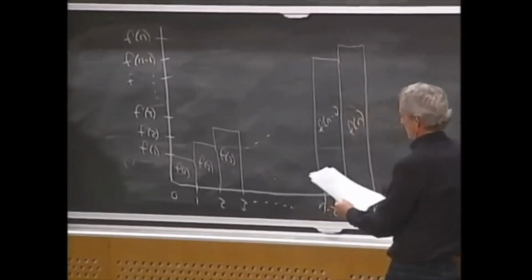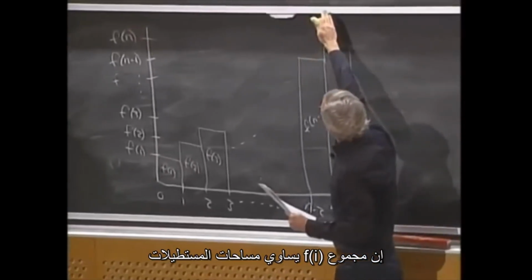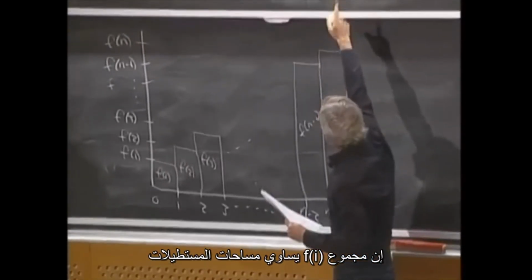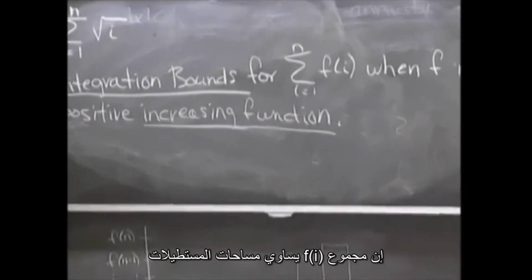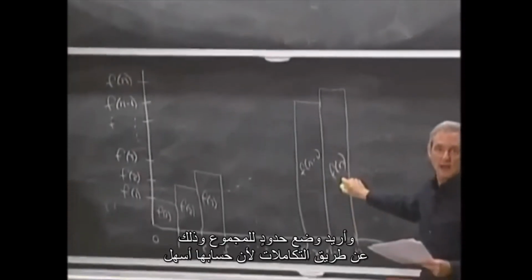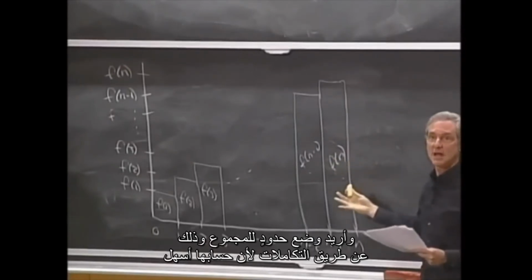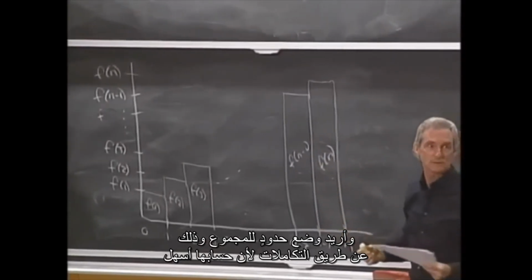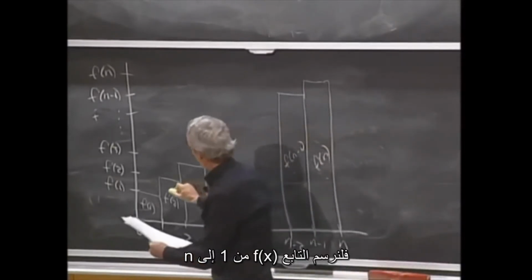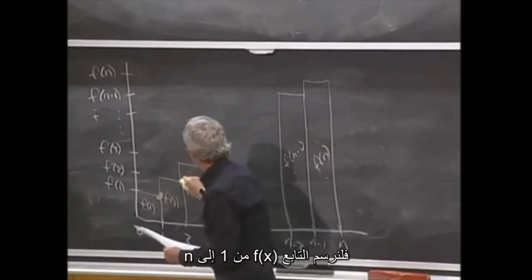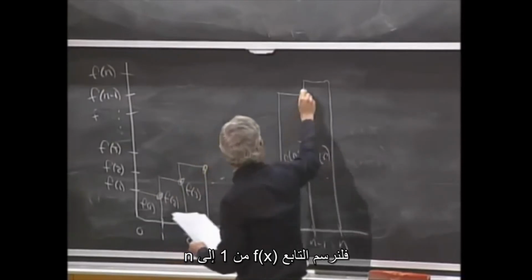So the sum of f of I is the areas in the rectangles. That's what the sum is. And I want to get bounds on this sum using the integral, because integrals are easier to compute. So let's draw the function f of x from 1 to n.